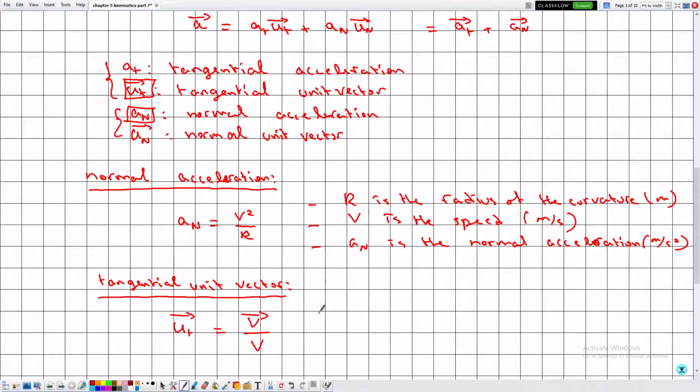So v is the velocity, expressed also in meters per second, v is the speed, expressed in meters per second, and ut is the tangential unit vector.